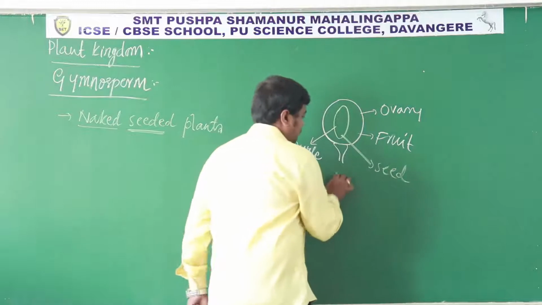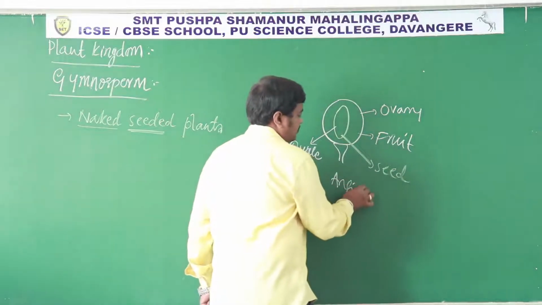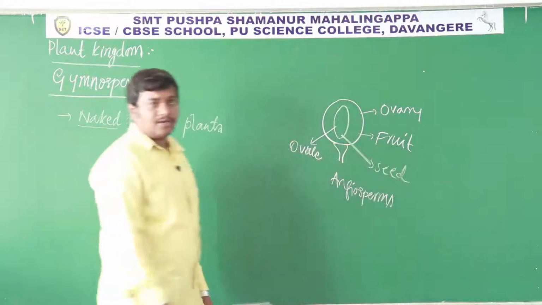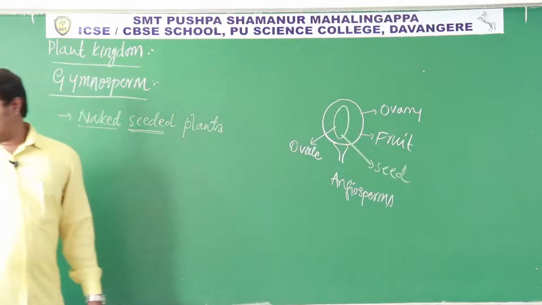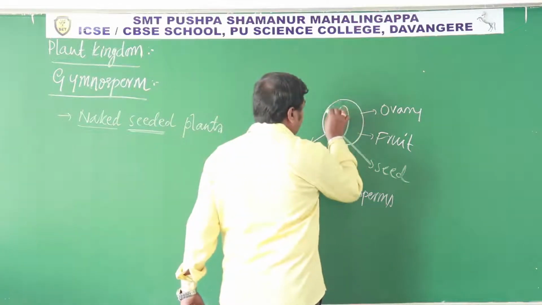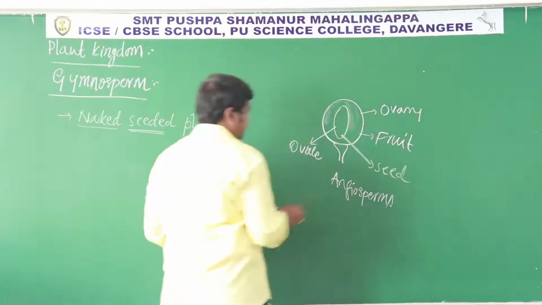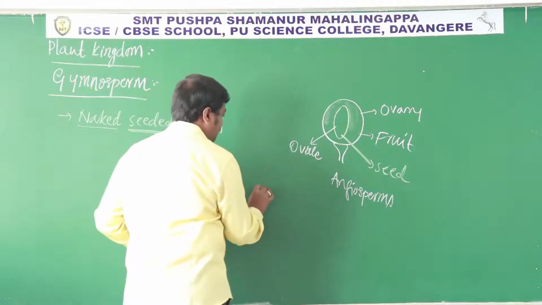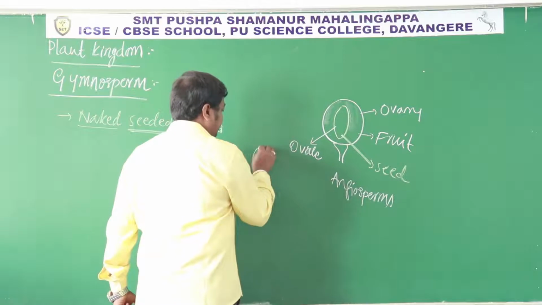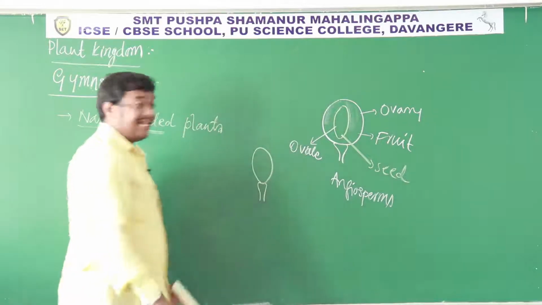And in case of gymnosperms, this ovary wall, this protective layer, is absent. So in gymnosperms the seed is developed directly.